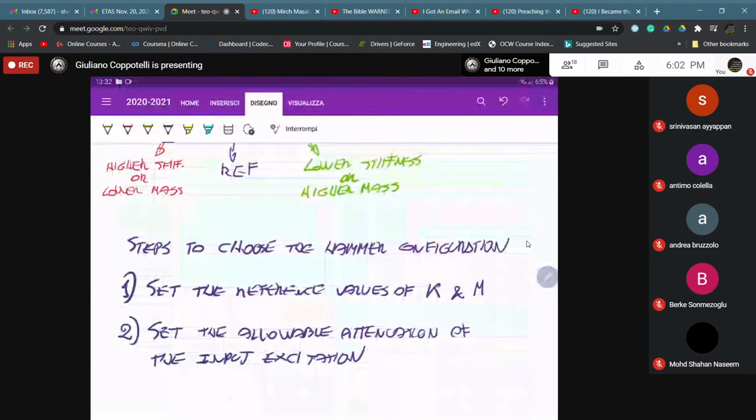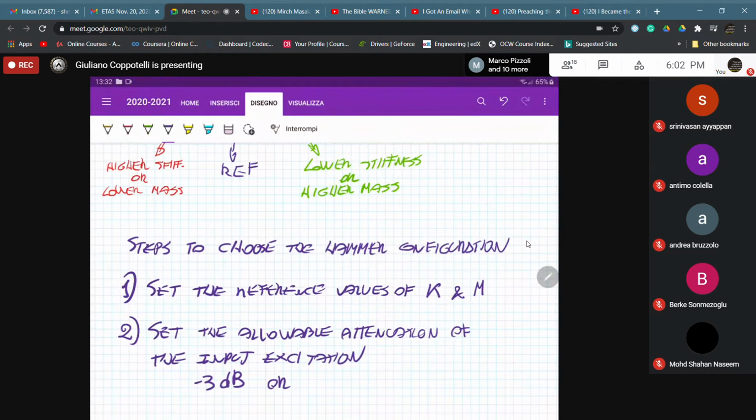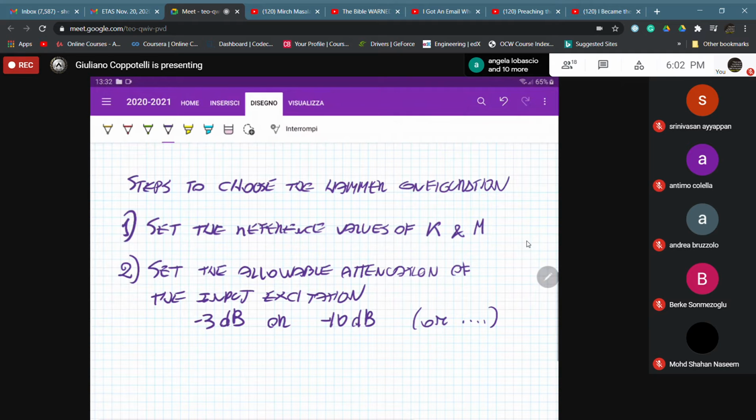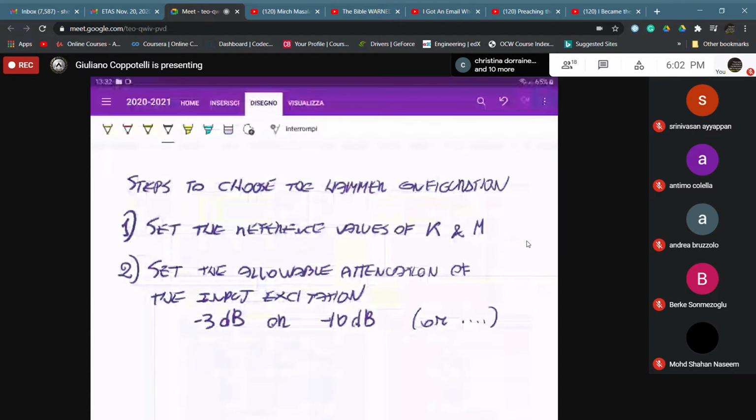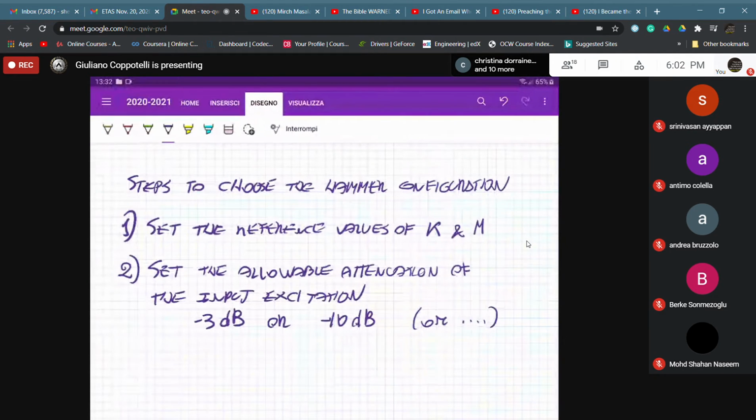For example, we saw negative 3 dB or negative 10 dB. You have to choose that according to your desired accuracy and the available hardware that you have.